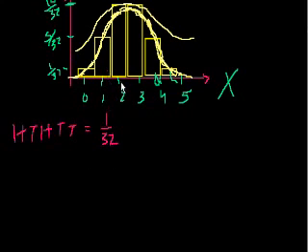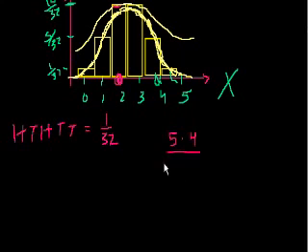And what we essentially did in the last video, when we asked what was the probability of getting exactly 2 heads, is we said, okay, how many of these circumstances, or how many of these permutations, had 2 heads? And we counted them up, and we said 10 of them have 2 heads. And that's why the probability was 10 out of 32. And the way we figured that out is, if we said 2 heads, one of 5 flips could be the first head, and then one of 4 flips could be the second head.